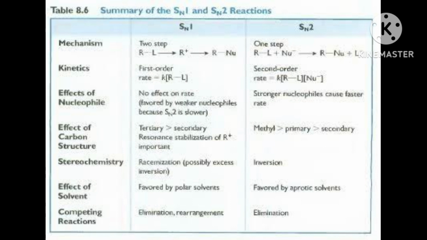The main rate of reaction depends upon formation of the carbocation in SN1 reaction, because this is a first-order reaction, and OH comes in the second step.